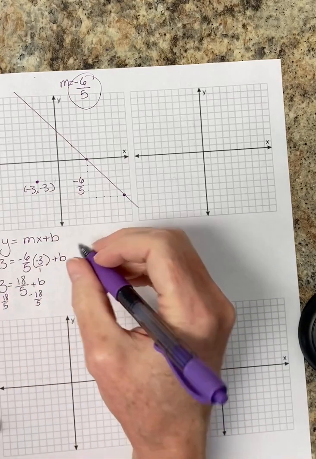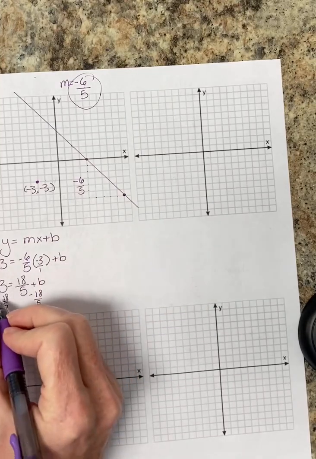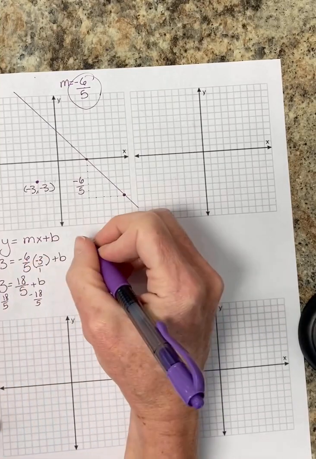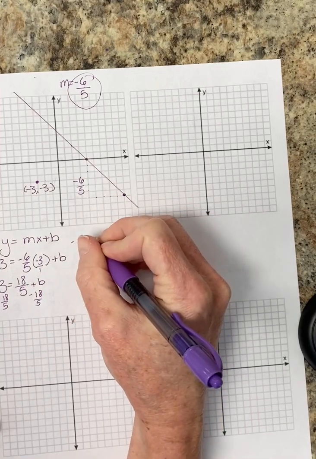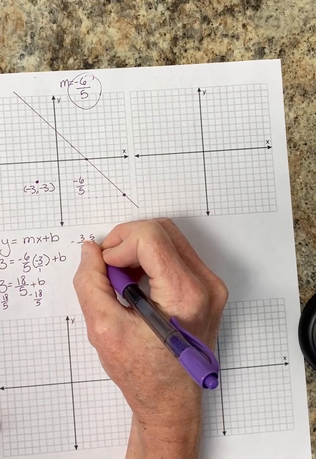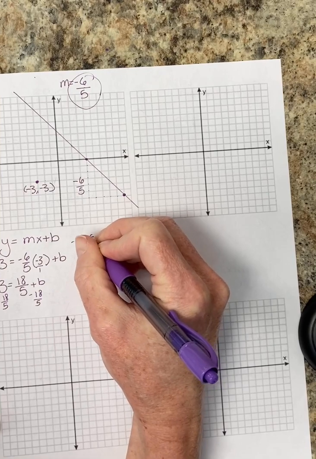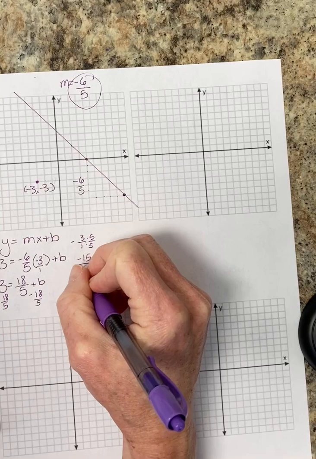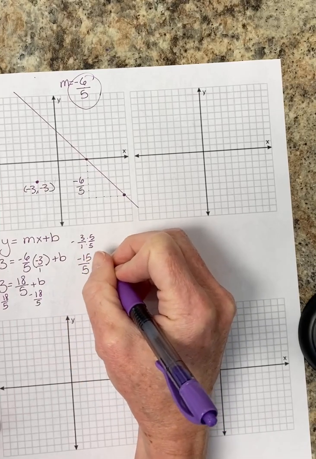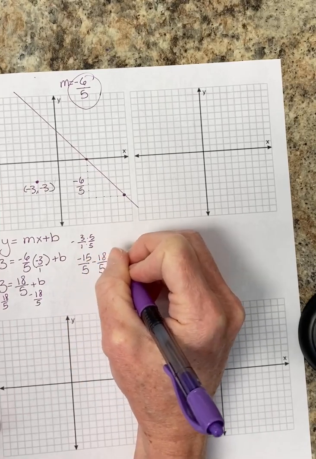So my life will be a lot easier if I have a common denominator of 5. So in order to get 3/1 with a common denominator of 5, I've got to multiply it by 5/5, because that's just 1, right? So I have -15/5 minus 18/5 equals b.